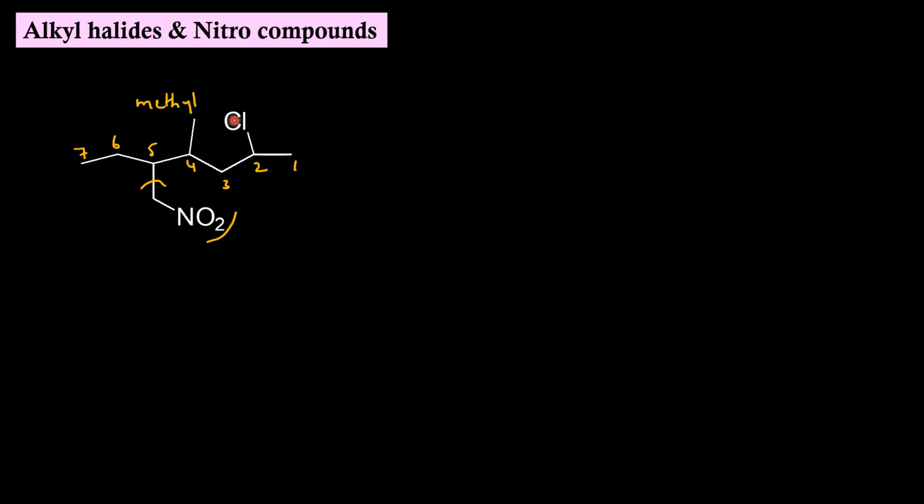This is chloro. Here one carbon is sitting on the parent chain along with nitro. If we were having simply one carbon, then we would have called the substituent as methyl. Since nitro is sitting on that, this substituent name will be nitromethyl.